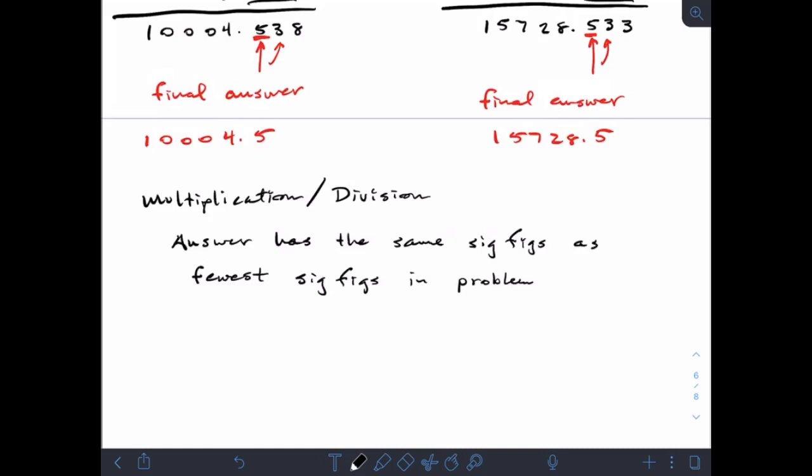All right, notice the difference here. We're talking about sig figs with multiplication division.